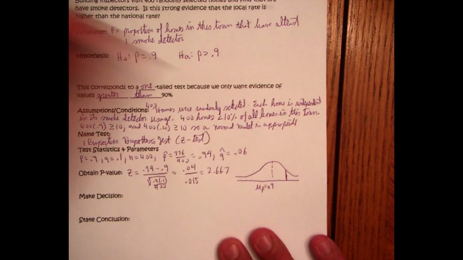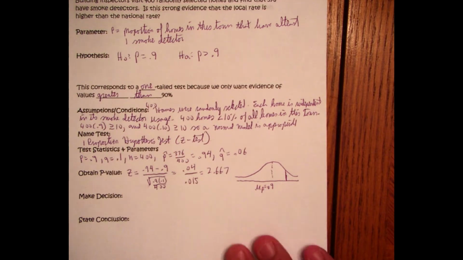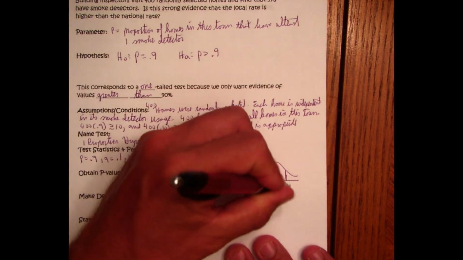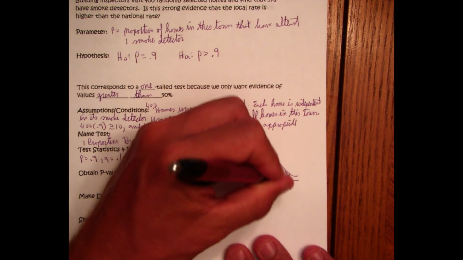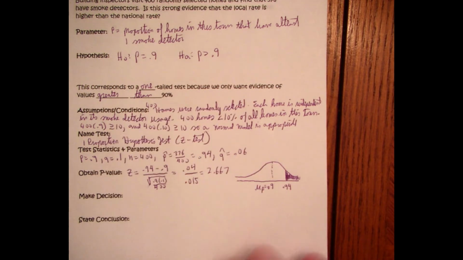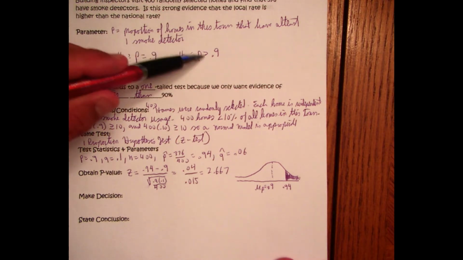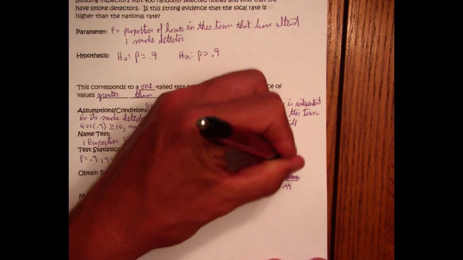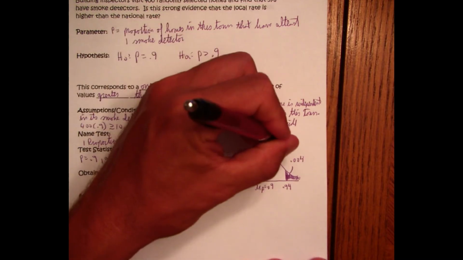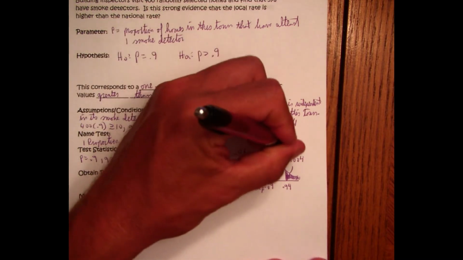But we got a p hat of 0.94 or higher. Why higher? Because we want to see only if it's greater than. And this shaded region is 0.004. That is your big P. We call that the p-value.